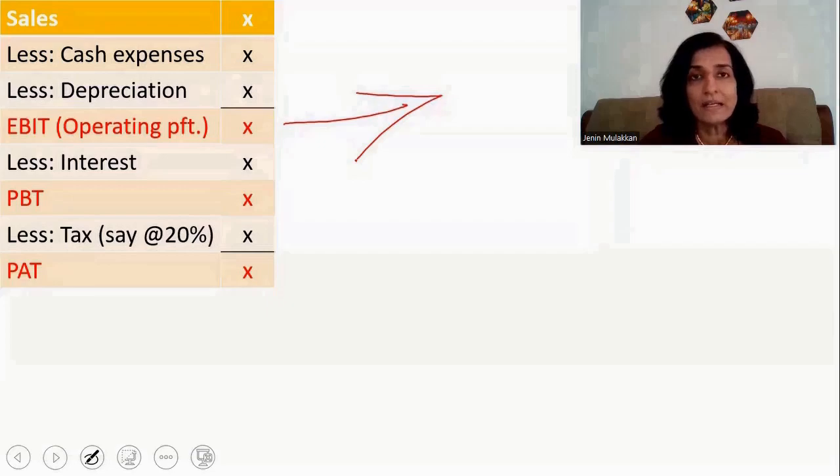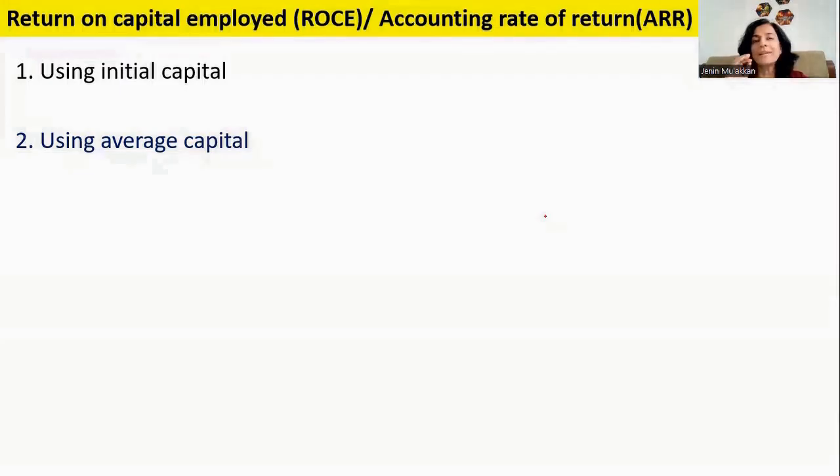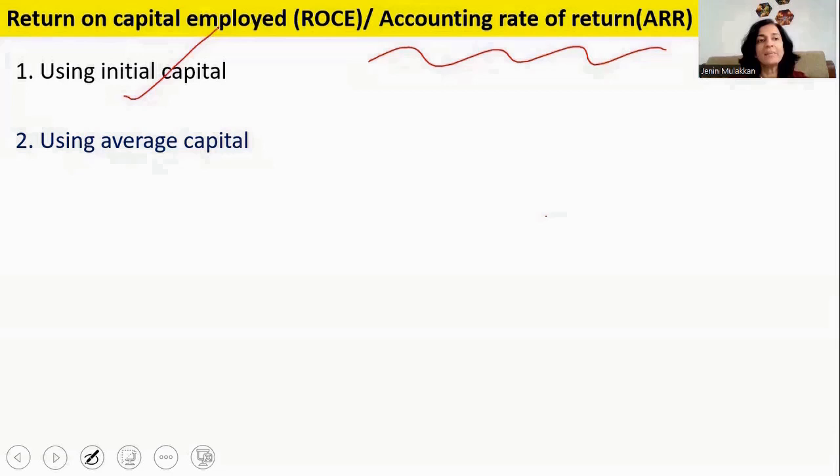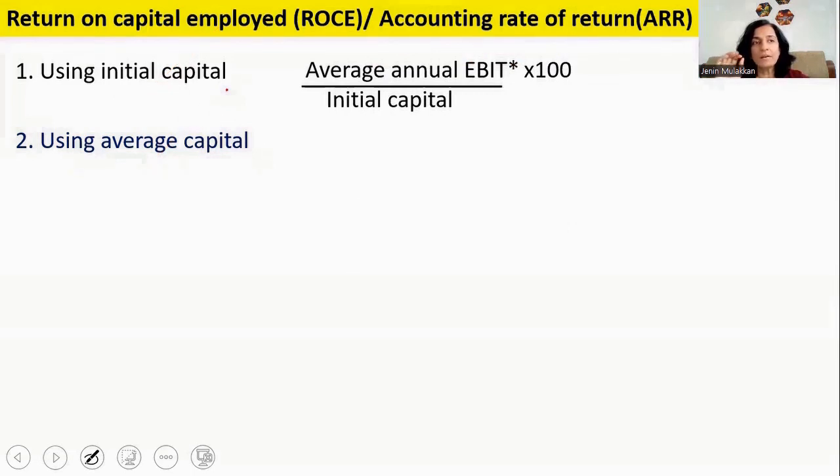Now, let's take a look at the formulas. So for the return on capital employed method, also known as the accounting rate of return, we have got two formulas. One using the initial capital and the second one using the average capital. So using initial capital, the return on capital employed is equal to average annual EBIT, earnings before interest and tax, divided by initial capital into 100.